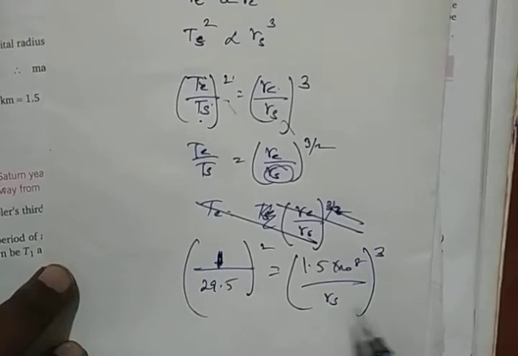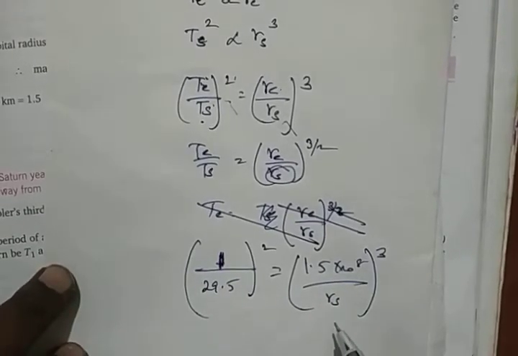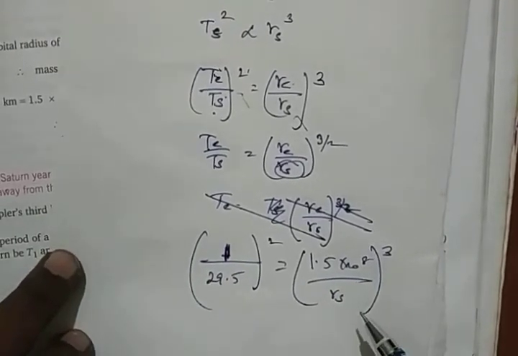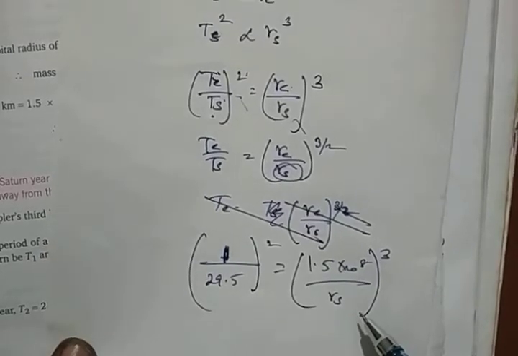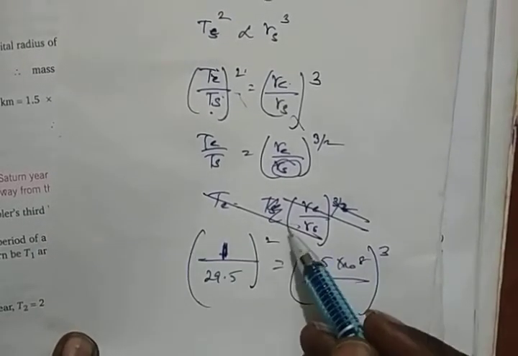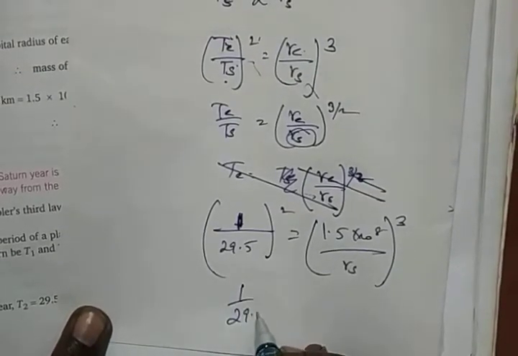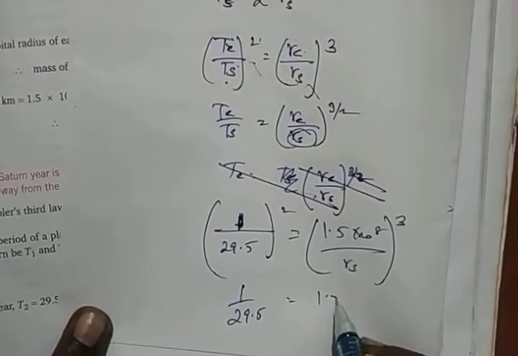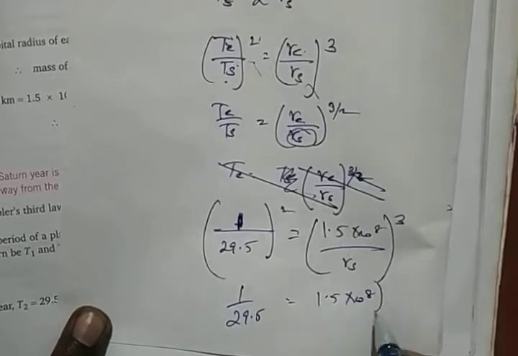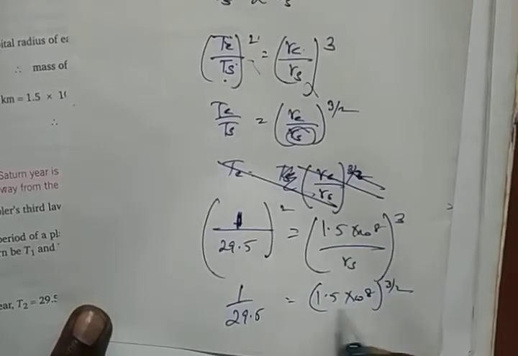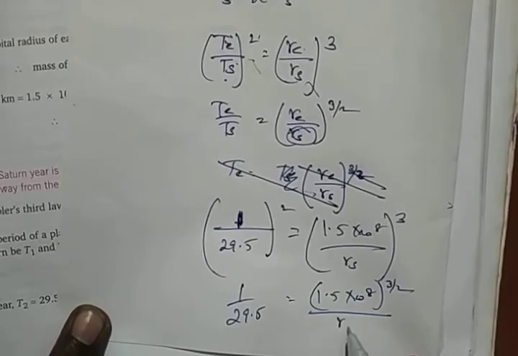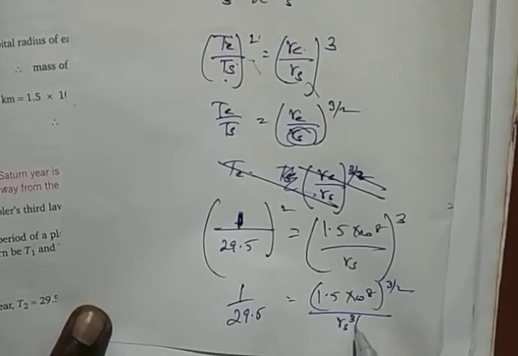Now you can shift terms here and there, and then finally conclude what you will get. If you take the square root here, you also need to take it there. So it will become 1 upon 29.5 equal to 1.5 into 10 to the power of 8 whole to the power of 3 by 2, divided by RS also whole to the power of 3 by 2.